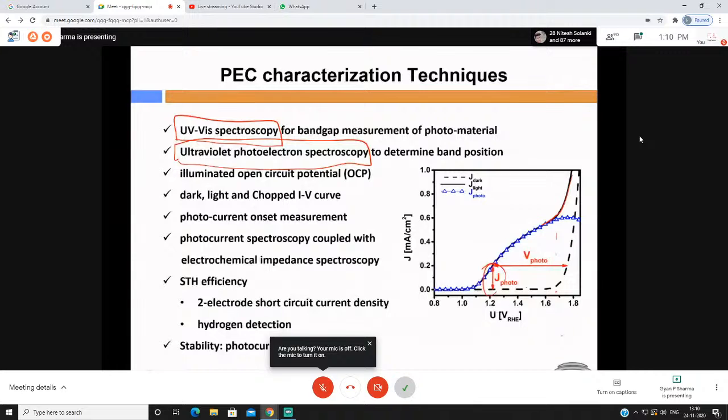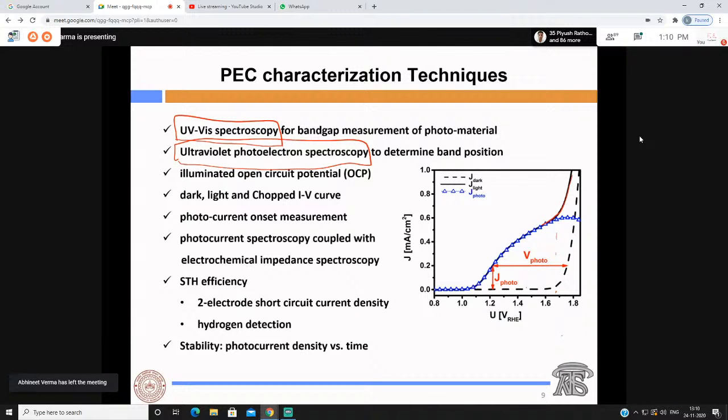Now we know that when we apply the cyclic voltammetry technique in the dark and light, we can measure the photocurrent or photocurrent density. Then we do a chopped cyclic voltammetry. In chopped cyclic voltammetry, we apply solar energy at a constant interval, for example on, off, on, off; let's say 1 second off, 1 second on.